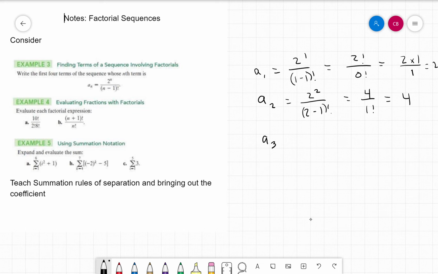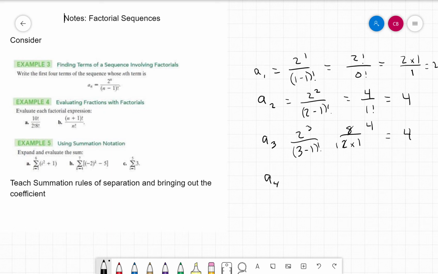A sub 3 is 2 to the third over 3 minus 1 factorial, which is 8 over 2 times 1, which is 4 over 1, which is 4 again.